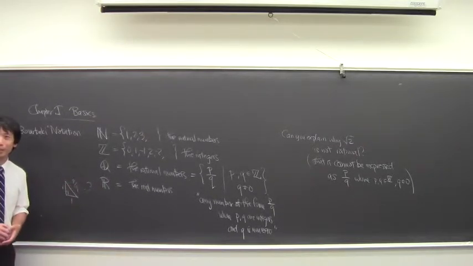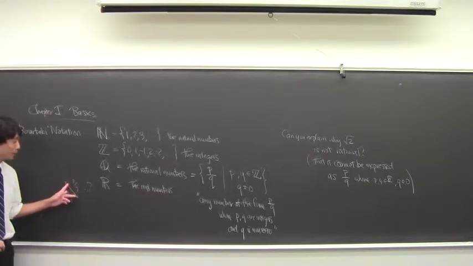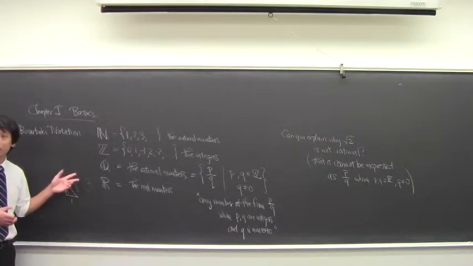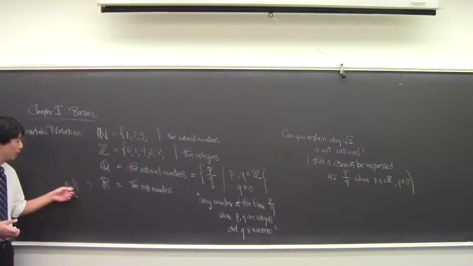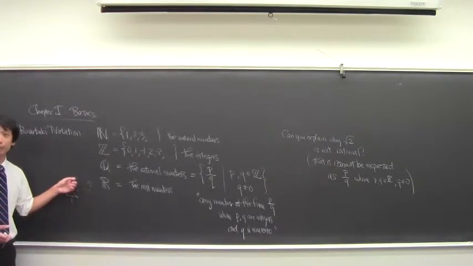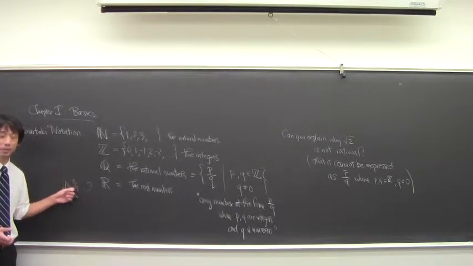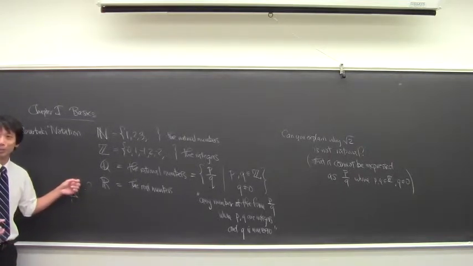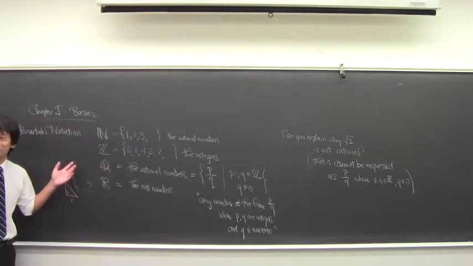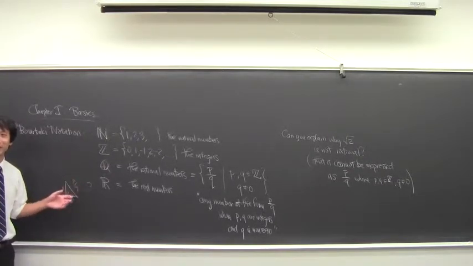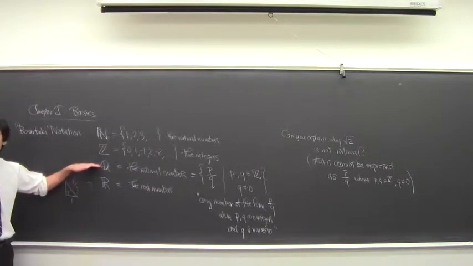There's a story, and it's almost undoubtedly false, like a fake story, but there's a story that the first person who showed that it was impossible to describe this length here as p over q was murdered because they were so upset that he had overthrown their system of numbers. Their system of the world was based on rational numbers.